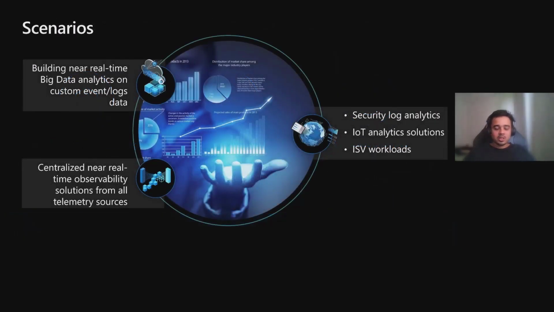So what are the common scenarios for observational analytics? For example, building near real-time big data analytics for custom event and logs data. There might be a telco company ingesting terabytes of data every day on their subscriber call data and network data, and analyzing it to improve subscriber experience.